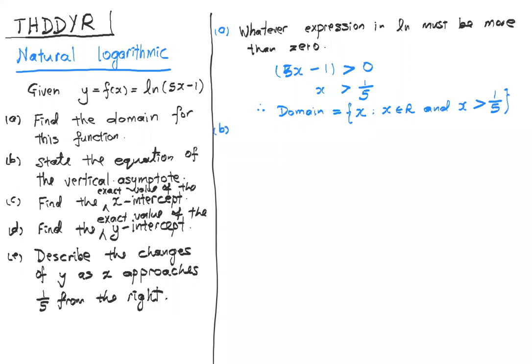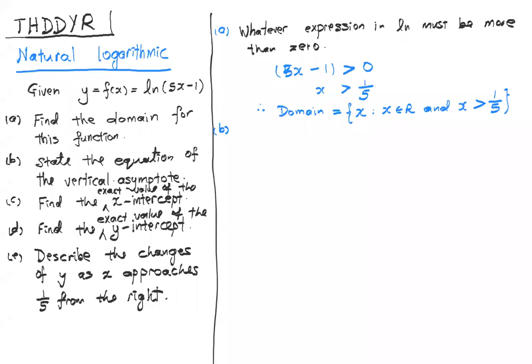So if you look at here, there is no equal sign, correct? So when x equal to something, which means that it is a vertical line. That's why the question part B asks you to state the equation of the vertical asymptote.